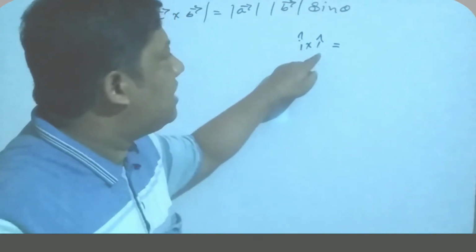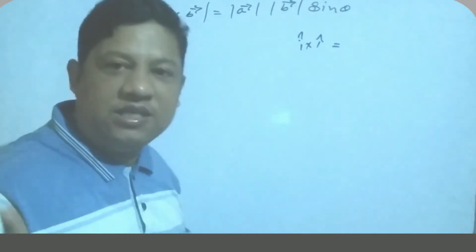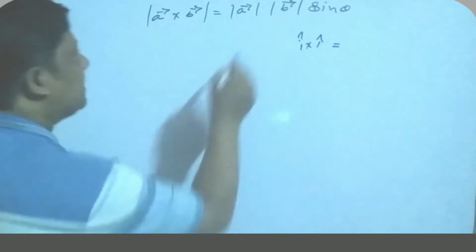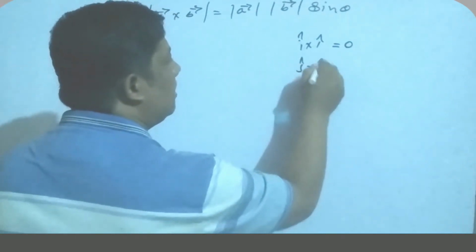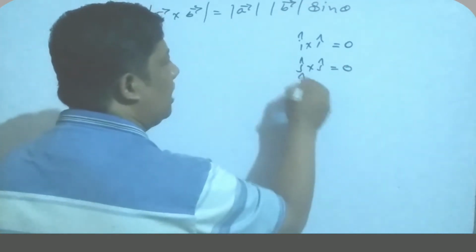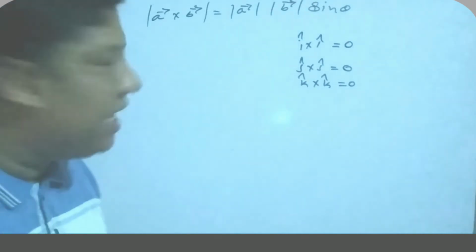I cross I means the same vector, that means their direction is the same. So the angle is 0 degree, and in these cases I get theta equal to 0. That means j cross j equal to 0 and k cross k also 0, because the angle is 0 degree.